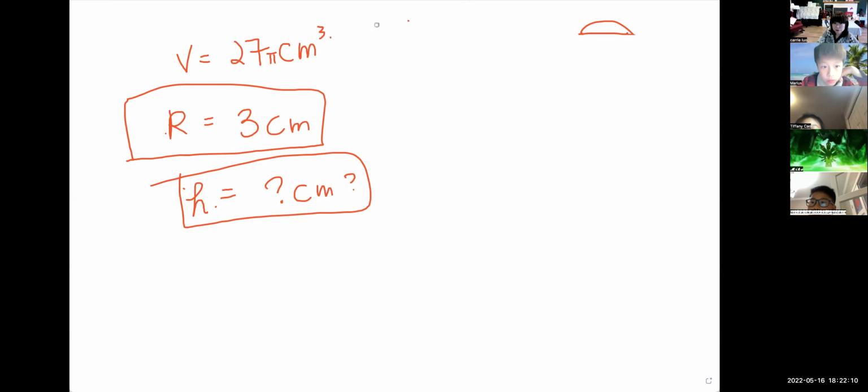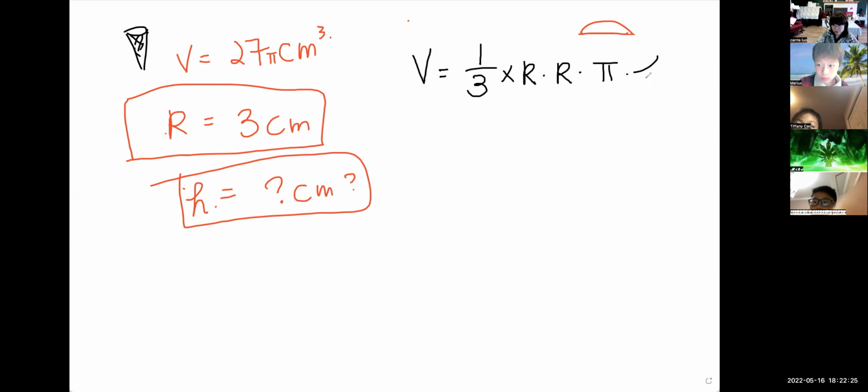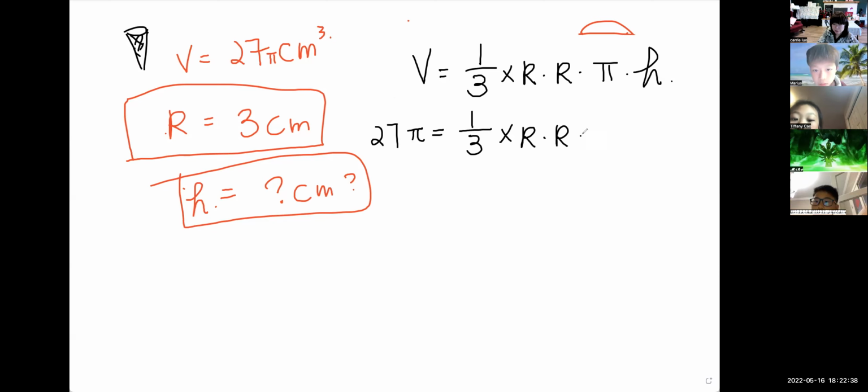Okay, so just bear with me. So everybody, let's take a look at this one. In order to calculate the volume of a cone, it equals 1/3 times radius times pi times height. Correct, Maris? You have this one written down, right? So that means 27 pi equals 1/3 times radius times pi times height.